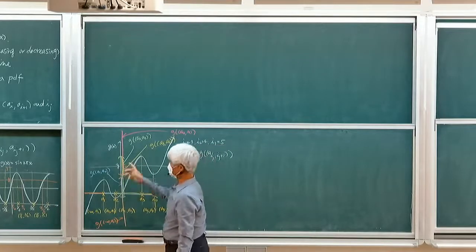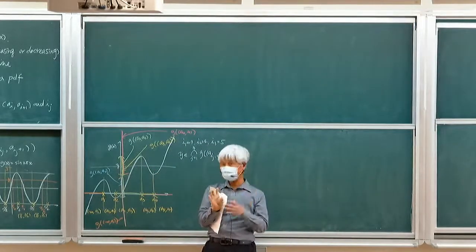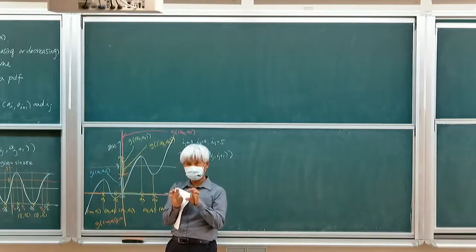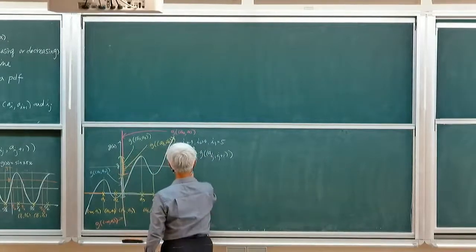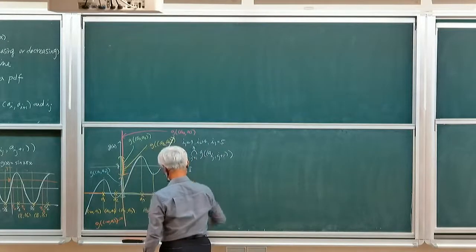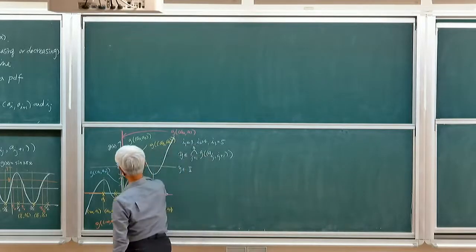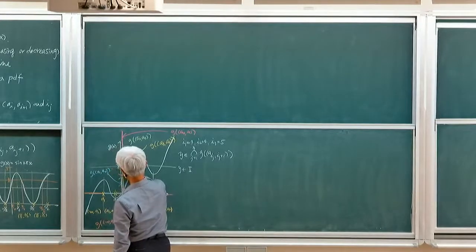And because we have three open sets, their intersection must be an open set too. So we can select an interval I, say this interval here, okay?